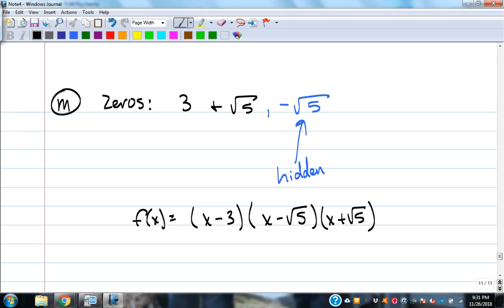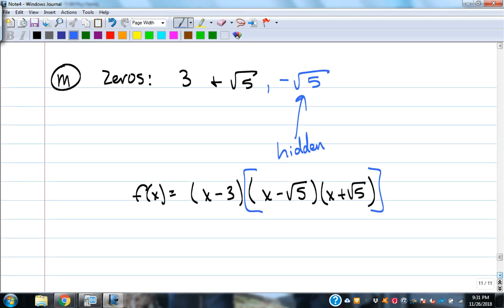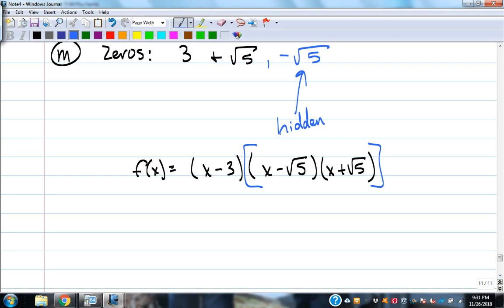Just because it has a square root on it doesn't change the idea about just changing the sign to get the factor back. Okay? Now, for these, you do want to do the ones with square roots together first. Don't try to mix and match square roots and non-square roots. So I'm going to put these two together and do that multiplication first. It's still distributive property just like before. X times x, x squared.